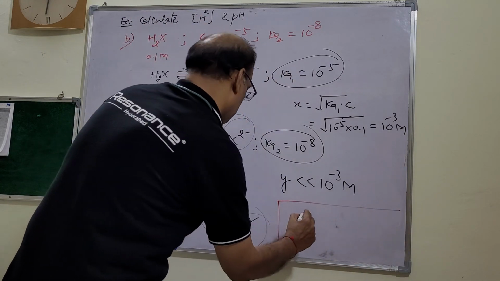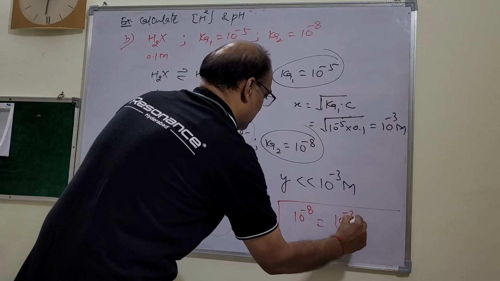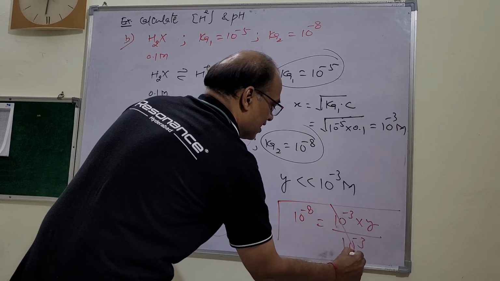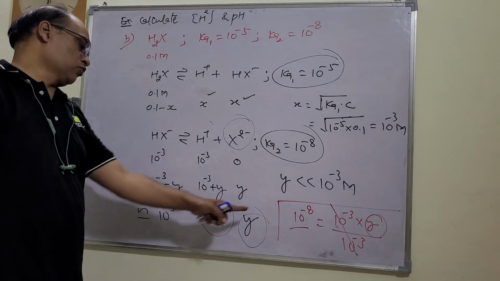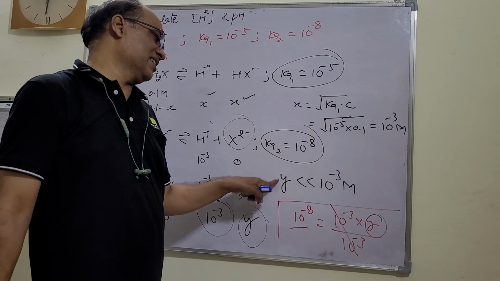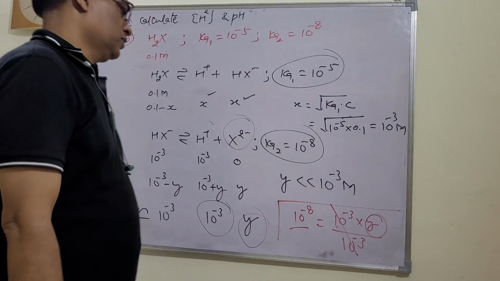K2, 10 to the power minus 8, must be equal to 10 to the power minus 3 into y upon 10 to the power minus 3. These are cancelled. So y is basically 10 to the power minus 8. Got it? Now you can easily understand y is 10 to the power minus 8. 10 to the power minus 8 is negligible as compared to 10 to the power minus 3. Got it, everybody?